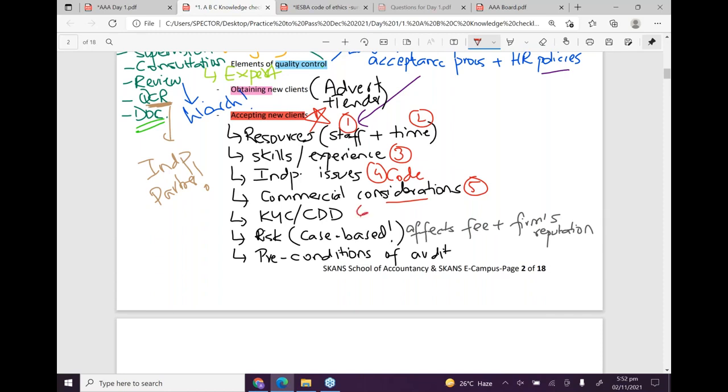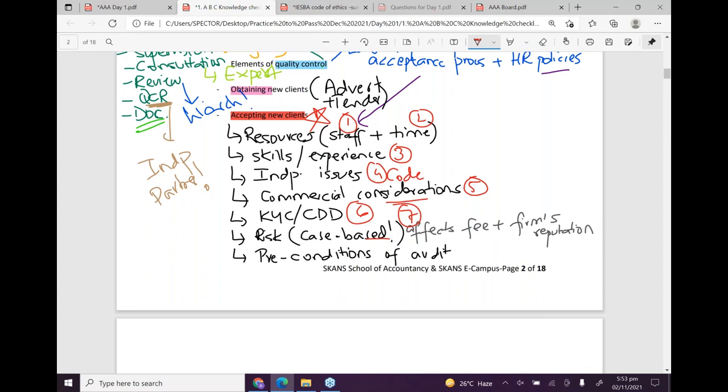Know your client or customer due diligence is very important. This is where you're going to be looking at who the key owners are, what the registered address is, what the business does, etc. Use the case to look for risk factors. Any issues regarding management's integrity, any issues regarding problems the client has faced in the past.